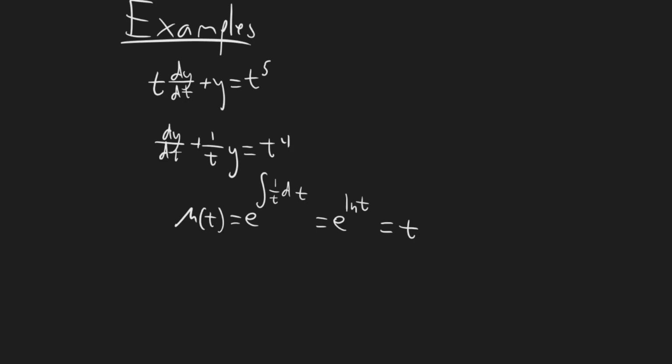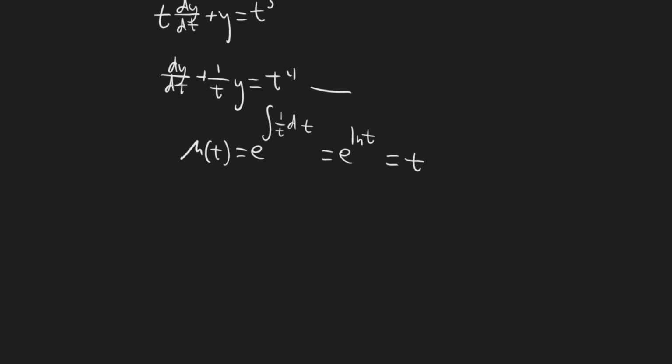All right, so remember the next step is to multiply the whole ODE right here by t. So let's do that right here. So now we have t dy/dt plus y equals t to the 5th. And of course, we just sort of recovered the original equation, and sometimes that happens, but what's important is that now we have the integrating factor, and now we can undo the product rule right here.